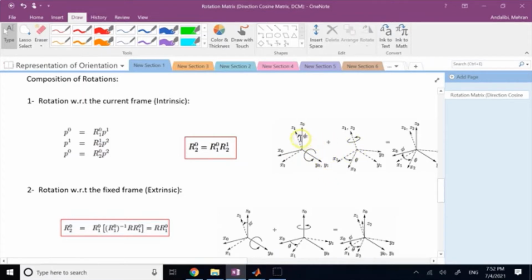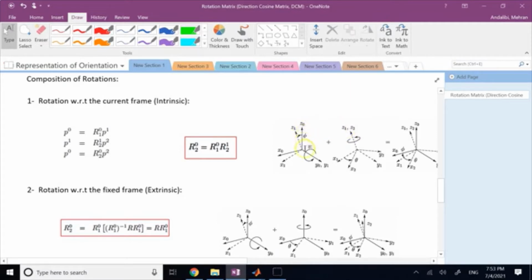But now that you have two different frames, now you see the axes are different, z0 and z1 are different. Now when you say followed by a rotation of theta degrees along the z-axis, what z are you talking about? Are you talking about the intermediate z? We call it the current z also, z1.